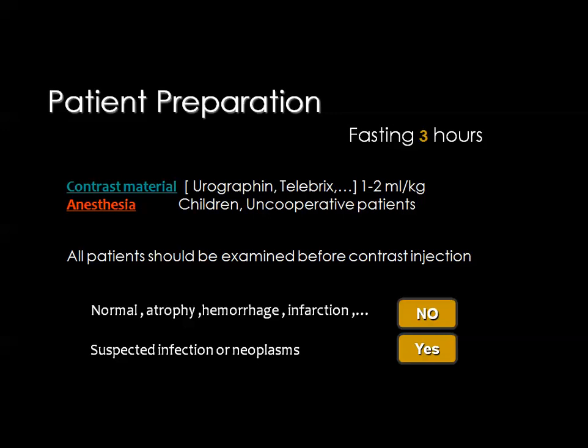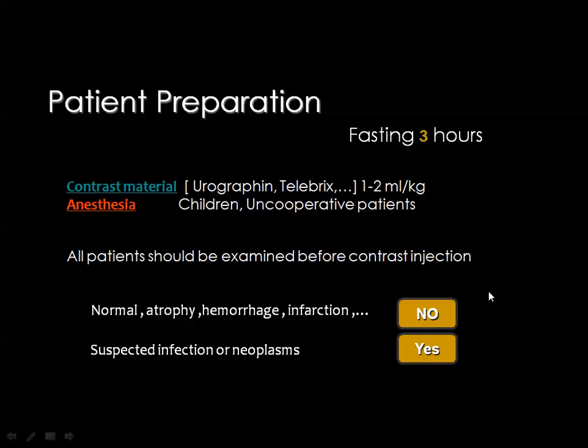And just to remind you about the way we usually examine the patient: before contrast injection, we look at the scan and we assess if we are in need to inject contrast or not. Sometimes we want to sedate the child, and in both cases, whenever we are intending to give contrast media or sedation, the patient should fast for at least 3 hours.